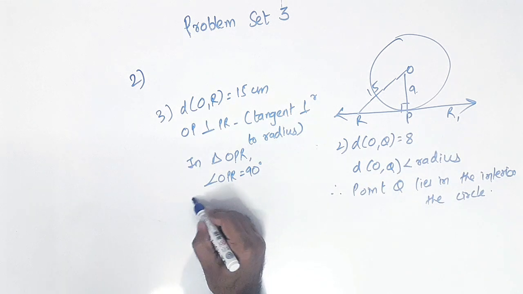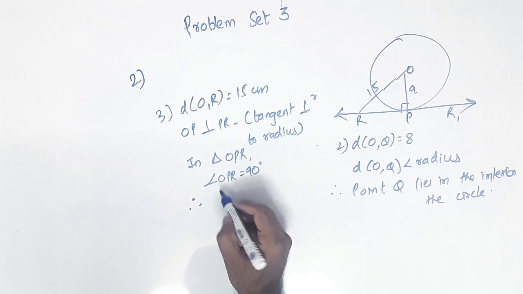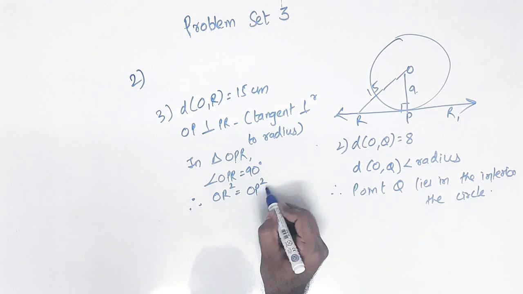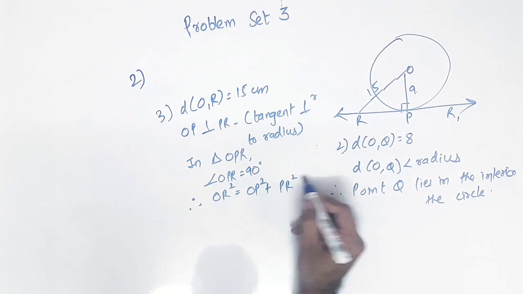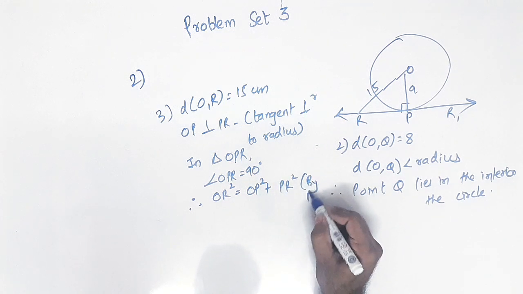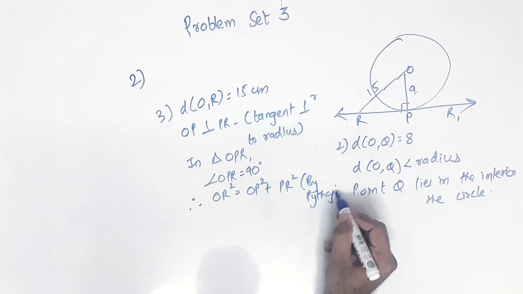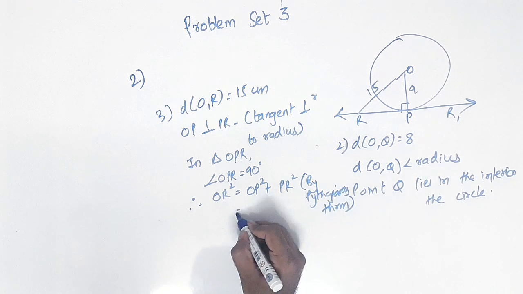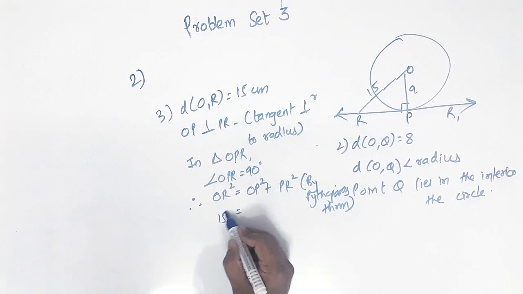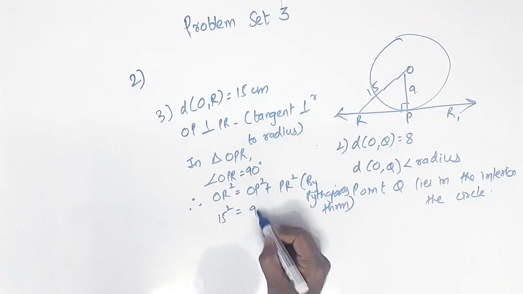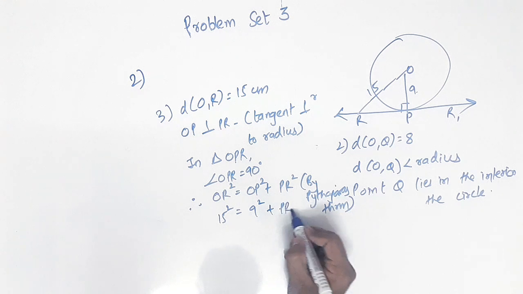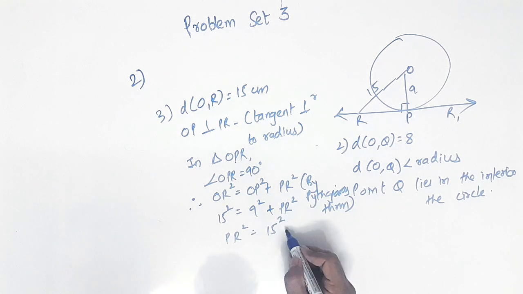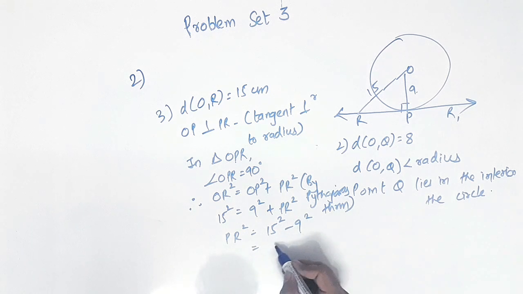Therefore OR square is equal to OP square plus PR square. This is by Pythagoras theorem. So I will write 15 square is equal to OP square plus PR square. So PR square will become 15 square minus 9 square.